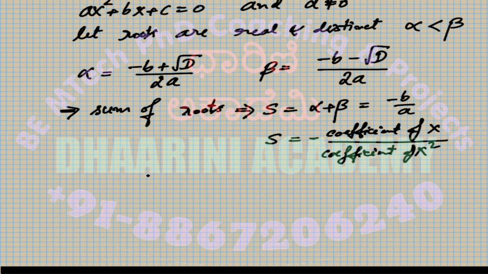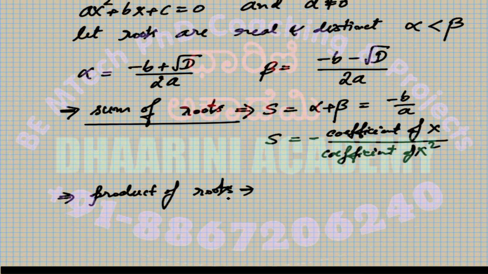Okay, then let's go to the next shortcut formula. This is to calculate the product of the given roots. So s is already used, I'll use a letter p for that. So the product p is equal to alpha beta, right? This can be easily calculated as c by a.